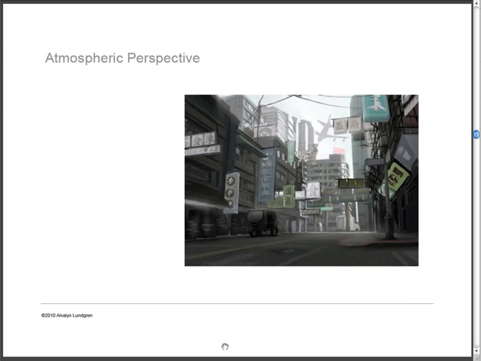Here's another photograph that uses atmospheric perspective pretty well. Obviously, the darker buildings, the darker structures are closer, and as we move into the background, everything gets lighter. And obviously, the plane is there kind of against the sky and everything, but things that are associated with the darker areas are forward, and things that are associated with the lighter areas are further away from us.